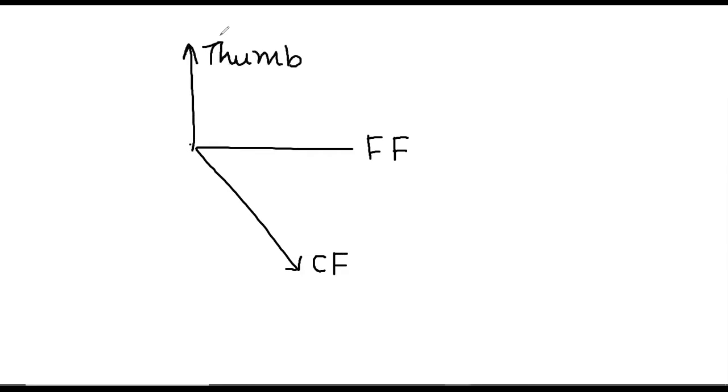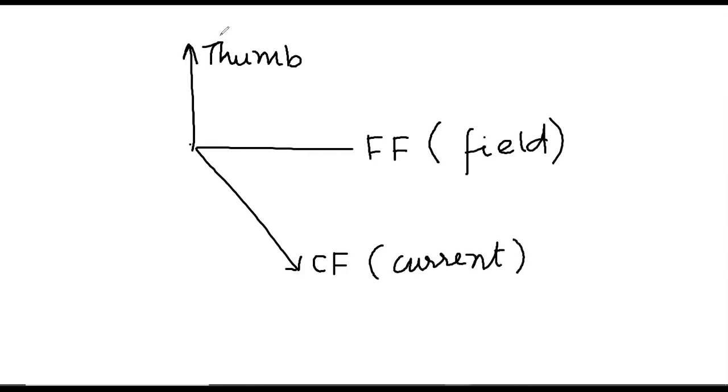Then the left-hand rule says that if the forefinger points the direction of the field, F for field, and C for current, the center finger shows the direction of the current, that is how you would have remembered. And the thumb, M, shows the direction of the motion of the conductor, that is the force that is experienced by the conductor or the charge. We also say it in a different way. We call it F, B, I.